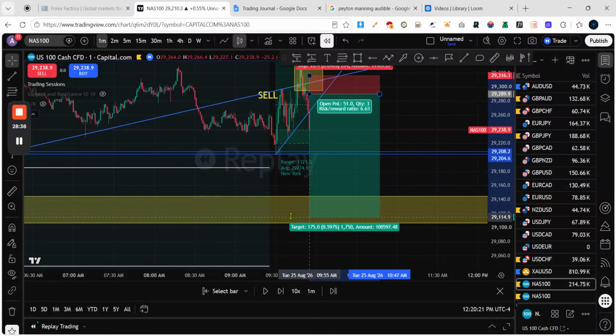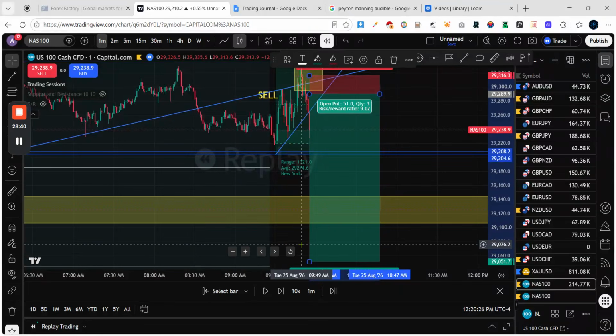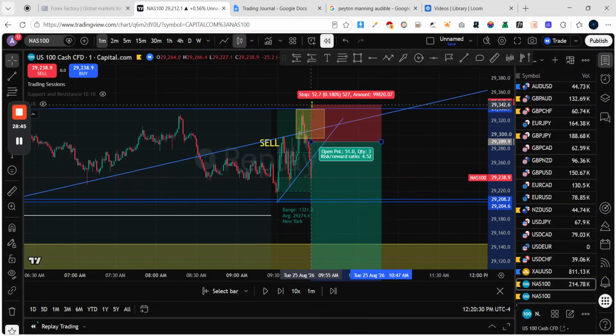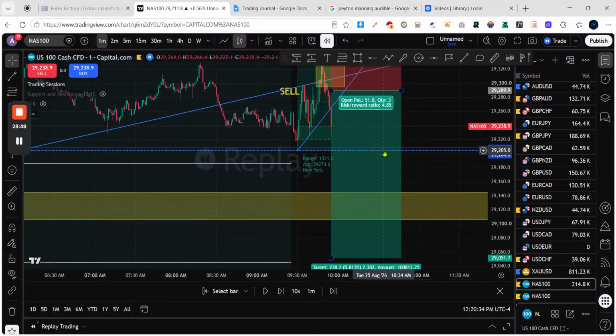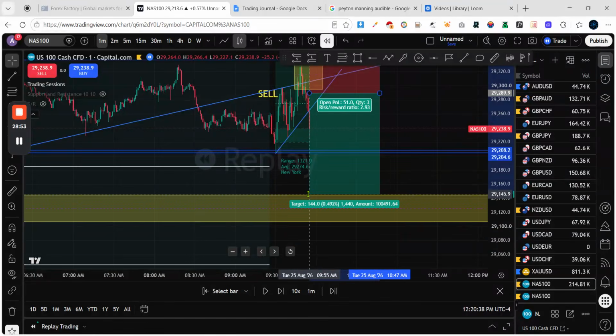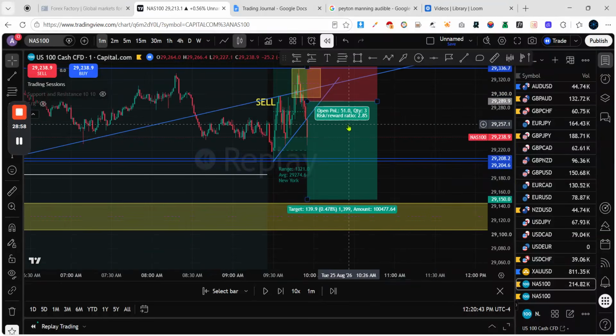Now that you got that here, I want to hold it to the point of control. That's like a 1 to 5, rounded up, 4.85. However, there's no way I'm challenging that higher time frame resistance. So that's at least like a 1 to 3, 1 to 2.8.